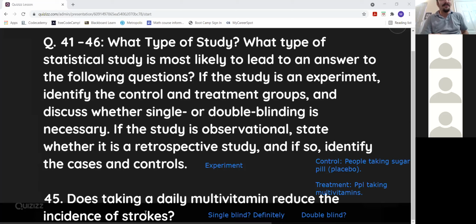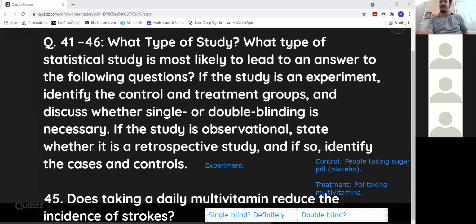If someone has a stroke, they're going to have a stroke. If they don't, they're not. I don't think the way the experimenter phrases things is going to make people have more strokes or less strokes. A stroke is a pretty definitive thing, so I think here it's really not necessary.